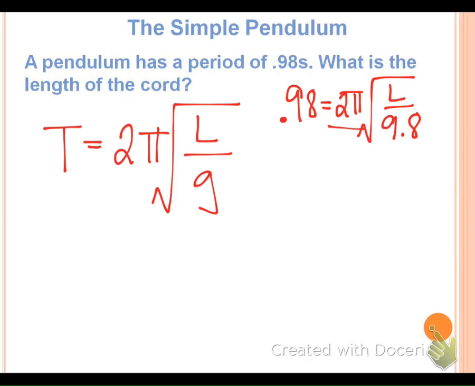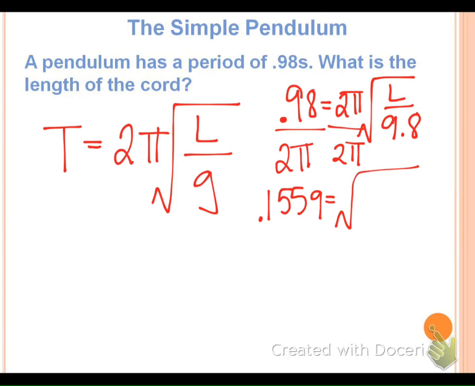Our first step will be dividing by 2 pi. So 0.98 divided by 2 pi is 0.155. That's still going to equal the square root of L over 9.8.